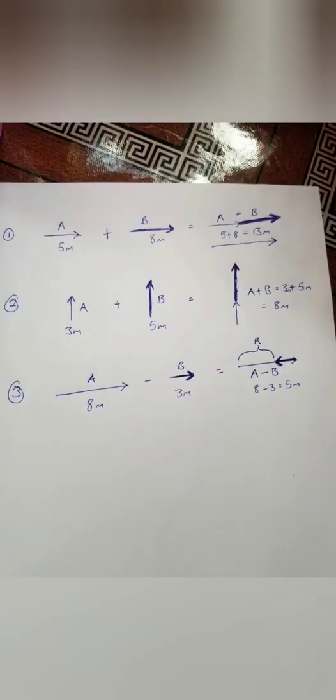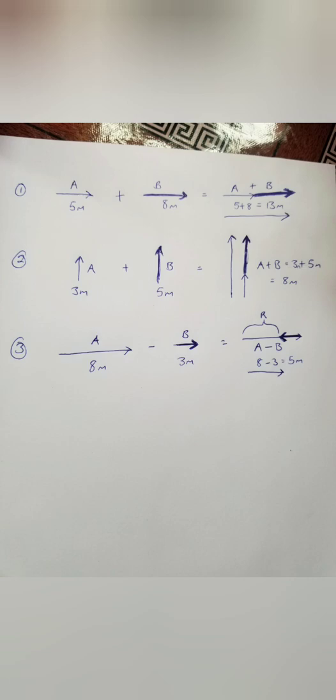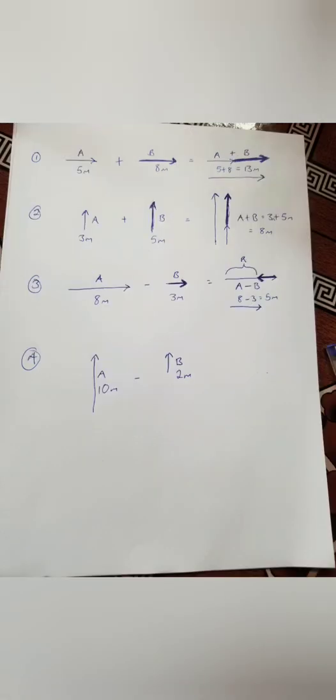Similarly, we were dealing with the horizontal just now, so if you have something in the vertical, the same thing will happen. If you have a minus sign before any one of the vectors, you just simply change the direction of that vector. So in this case, vector A is 10 meters and vector B is 2 meters.